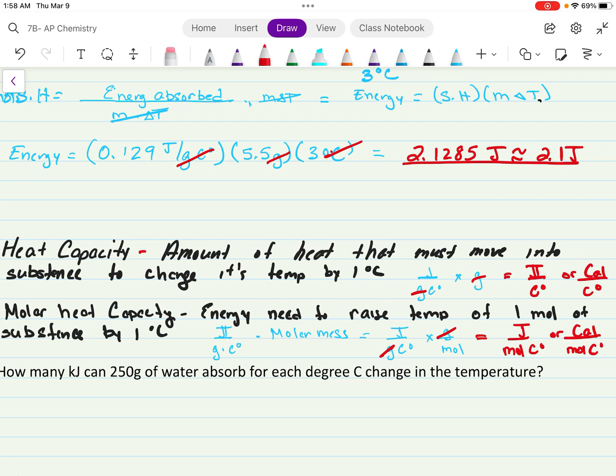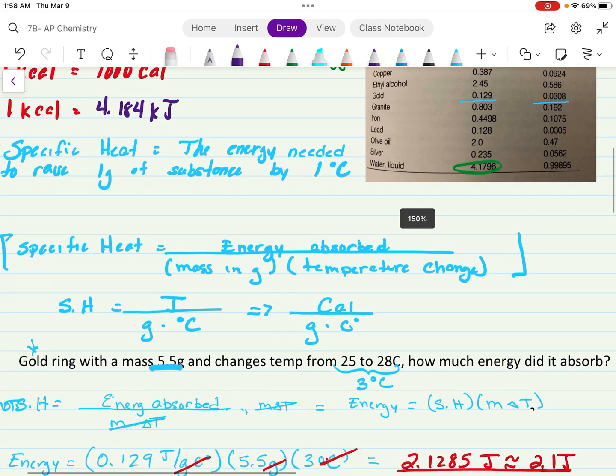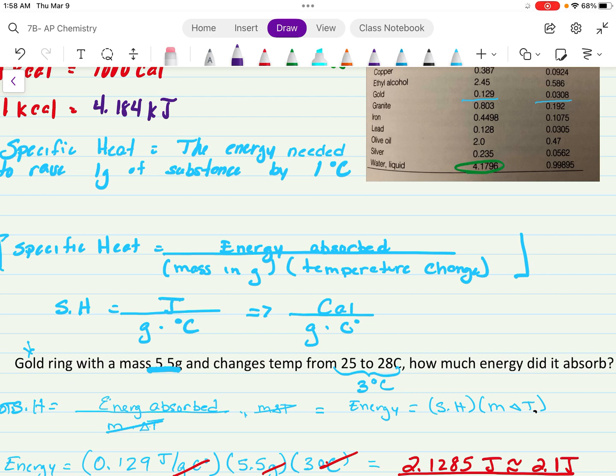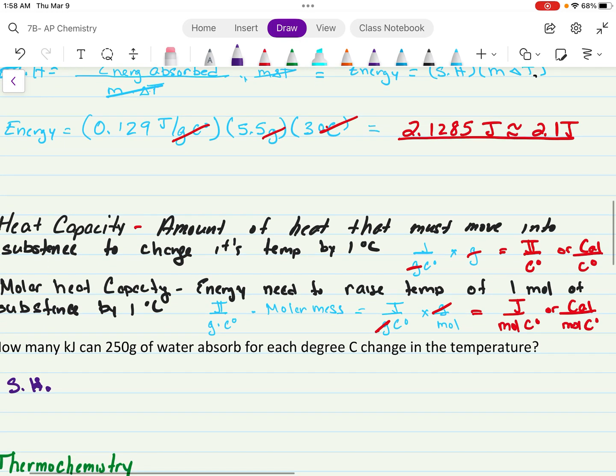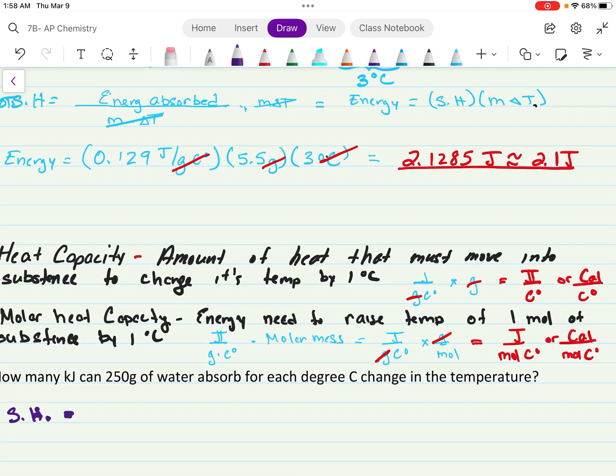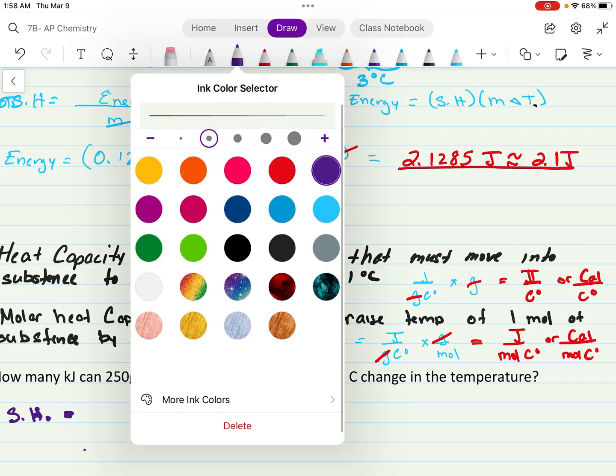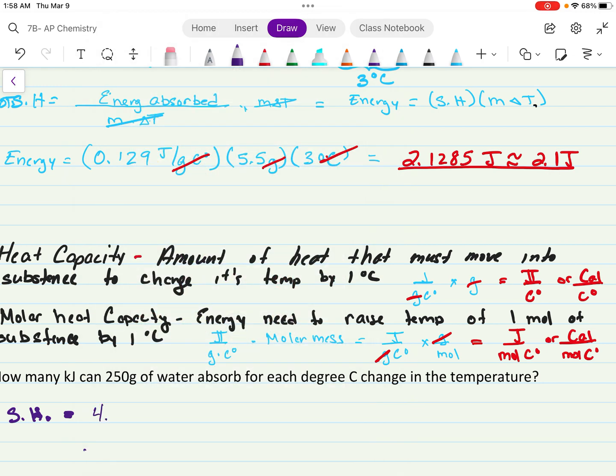Now, in this situation, we're going to use the specific heat of water. So let's scroll up here and see what the specific heat of water is. In this case, the specific heat of water is 4.1796 joules per gram degrees Celsius.